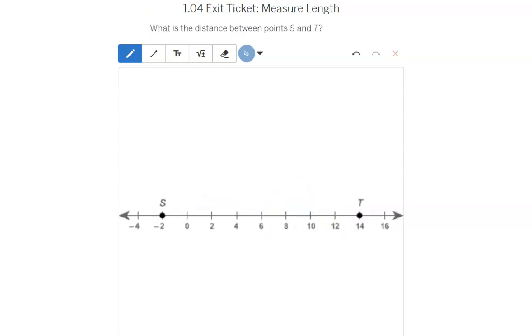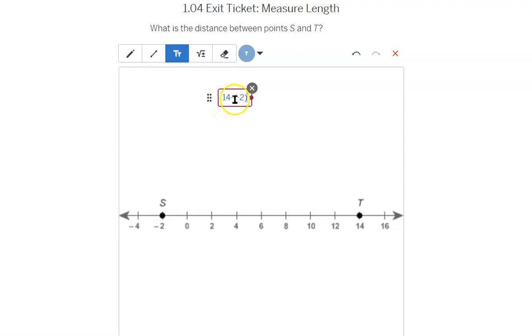Nice work. Next question, what is the distance between points T and S? Well, I'm just going to make my life easy here. I want to know the difference between T and S, which is the distance. So I'm going to say 14 minus negative 2.